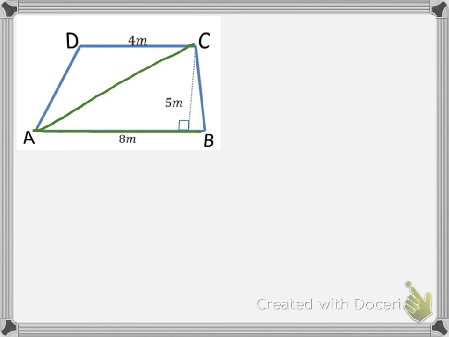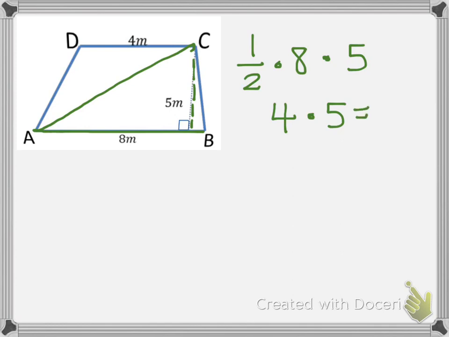This triangle on the bottom has a base of 8 and a height of 5. So I can find the area of that. That's 1/2 times the base 8 times the height 5. So half of 8 is 4 times 5, which is 20. So the triangle on the bottom is 20.